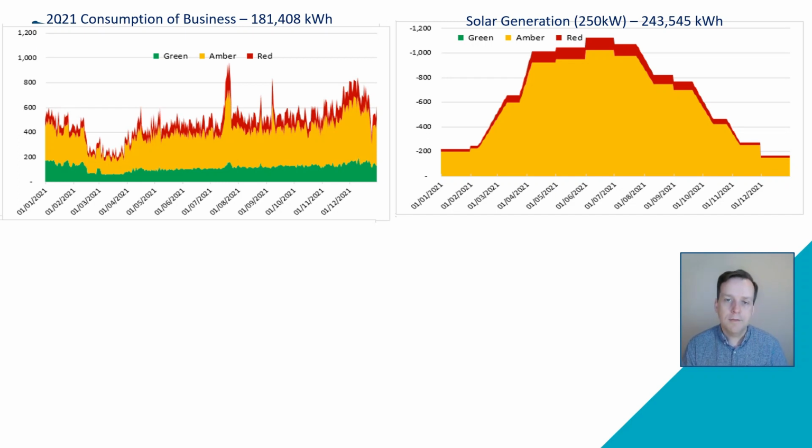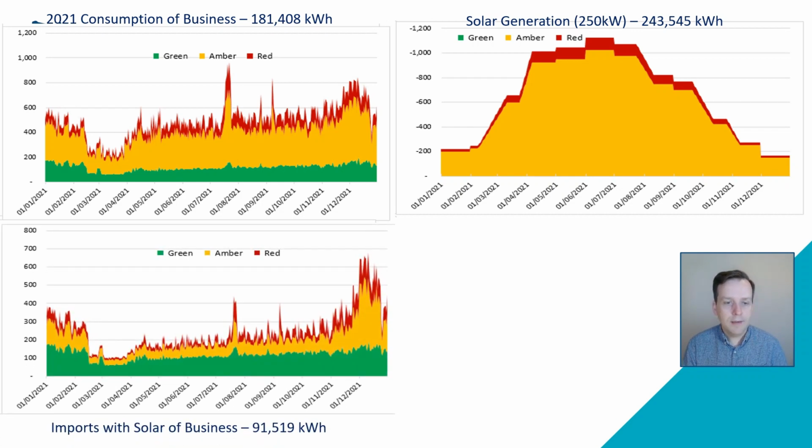But also we have some red generation, which is good because bear in mind that the cost of electricity during the red period can be twice as much for this particular charge as the amber period or orange period. So any solar generation in the red is excellent or very good. That's what you want to see, really.